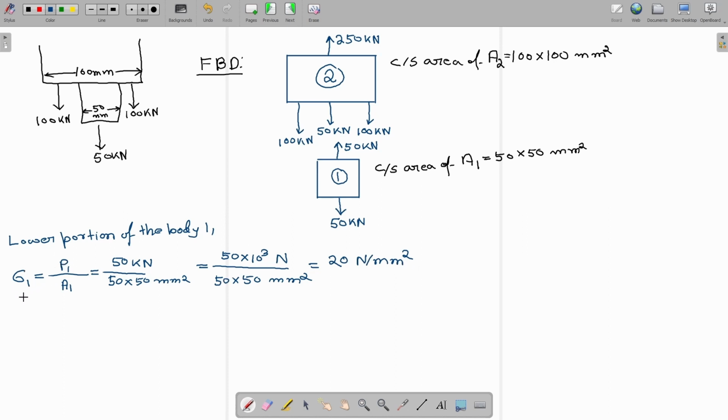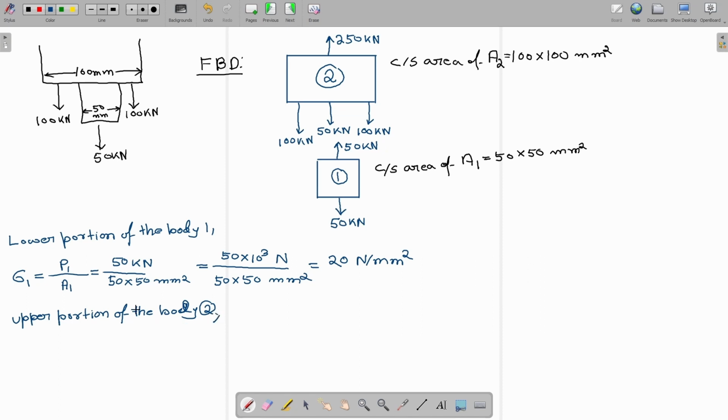Now, for the upper portion of the body, this is body 2. We are going to consider this part right now.